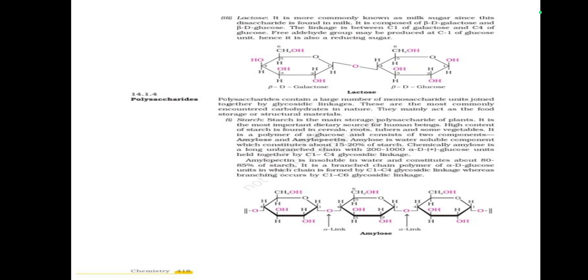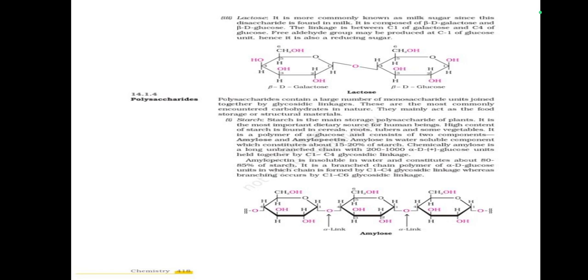High content of starch is found in cereals, roots, tubers, and some vegetables. It is a polymer of alpha-glucose and consists of two components, amylose and amylopectin. Amylose is water soluble and constitutes about 15 to 20% of starch. Chemically, amylose is a long unbranched chain with 200 to 1000 alpha-D-glucose units held together by C1 to C4 glycosidic linkage.